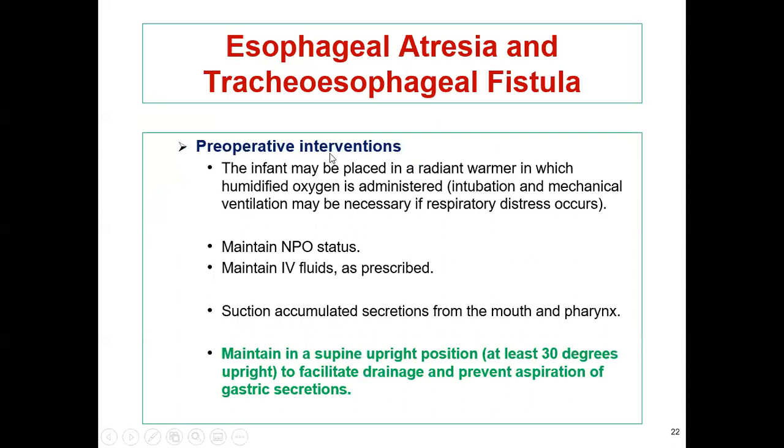Preoperative intervention. If a patient has esophageal atresia or tracheoesophageal fistula, we diagnose by chest X-ray or bronchoscopy. And treatment management is surgical repair. So we have to know the pre-procedure and post-procedure care.